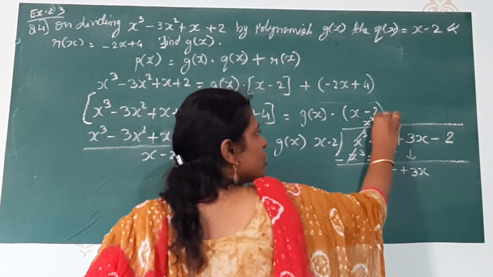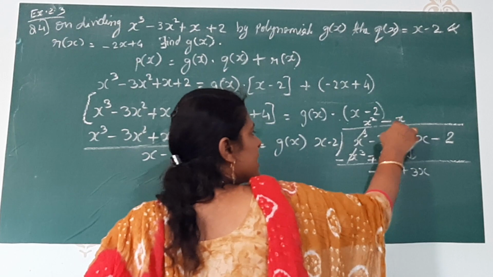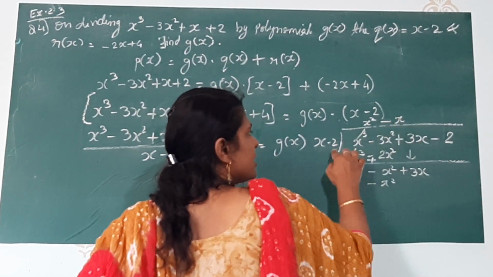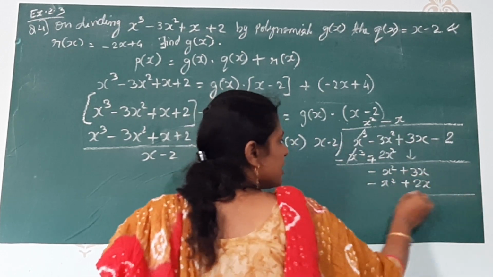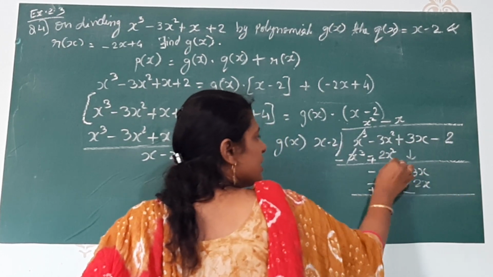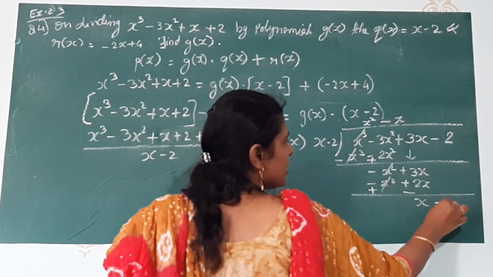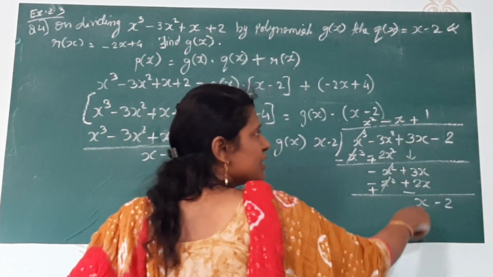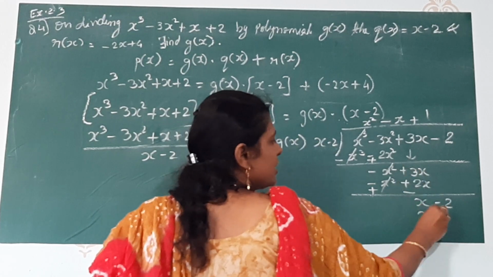So with minus, the first term will become minus. x square and x, we will take again x. x into x is x square. Minus plus minus. x into 2 is 2x. Minus minus plus, sign change, plus minus eliminated, plus minus minus, this will be x minus 2, as it is, so plus 1, because the first term is positive, plus 1, 1 into x minus 2.